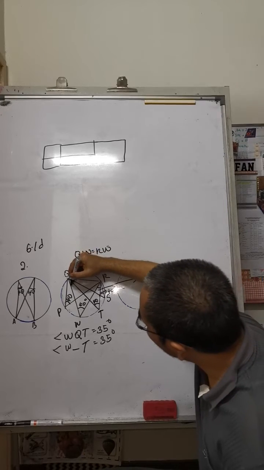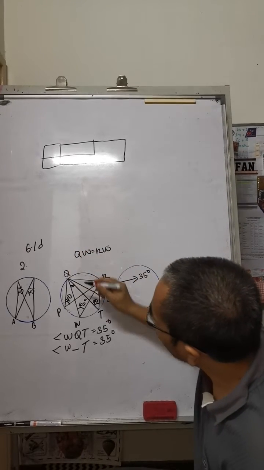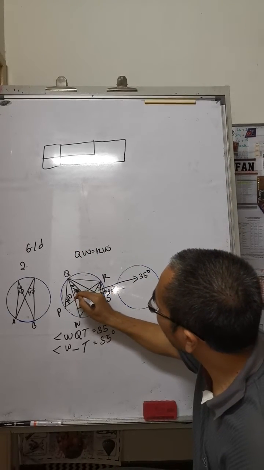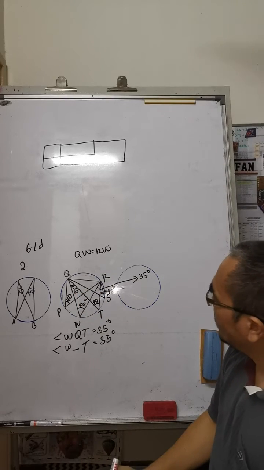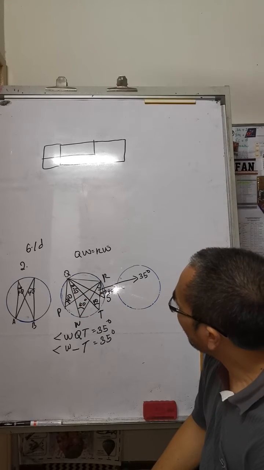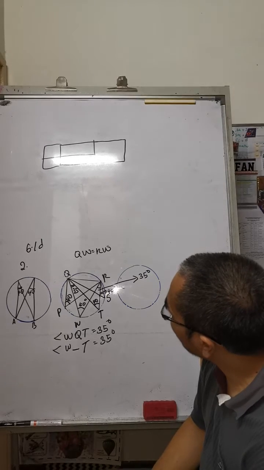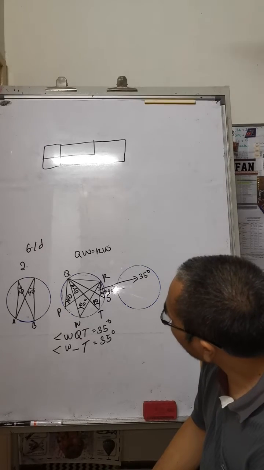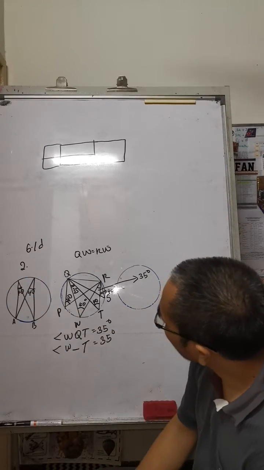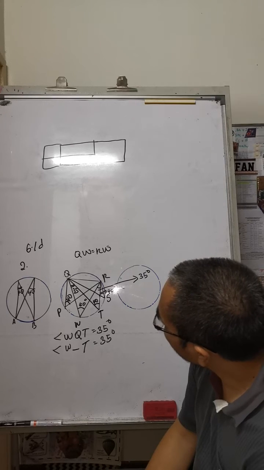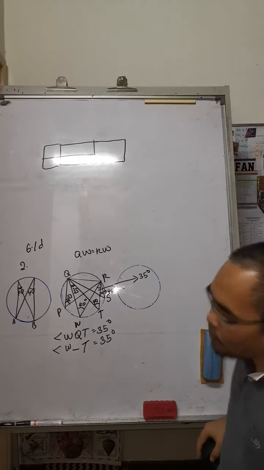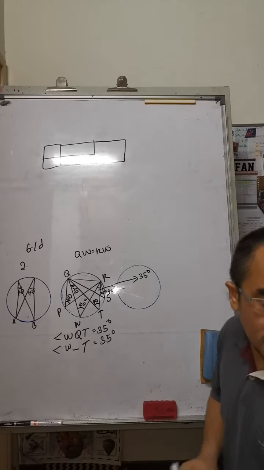So only this part is 35 degrees. Okay, is there anything else that we can find according to this rule? Maybe not.